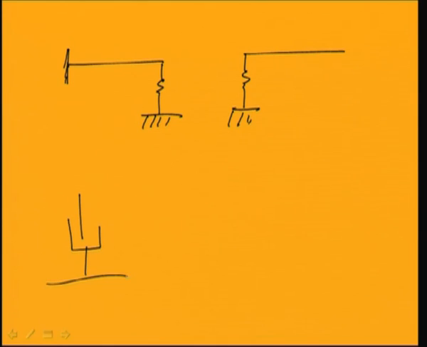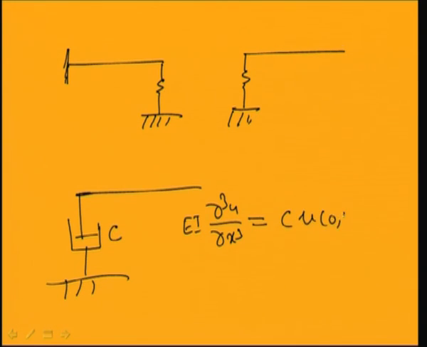And the case where you have a damper. So in place of the spring, if you have a damper at this end, then the shear force will be equal to the damping force. The shear force is EI ∂³u/∂x³, so this will be equal to, let C be the damping, C u dot (0,t). Here u dot (0,t) is the velocity, and multiplying by the damping factor C gives the shear force.